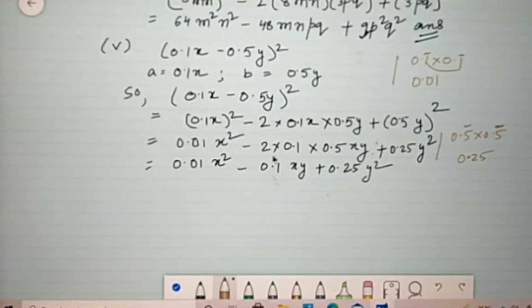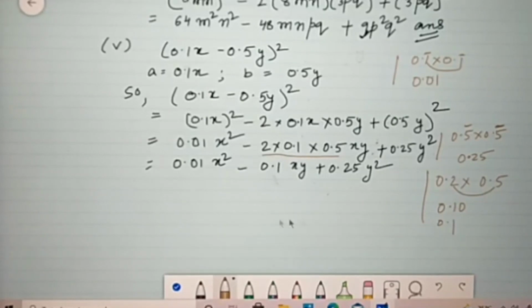Let's understand this multiplication on the rough side: 2 into 0.1 is 0.2, into 0.5. Now 5 2s are 10, and as the decimal part has 2 digits, 0.10 is 0.1 only. So this is the answer. We write this answer.